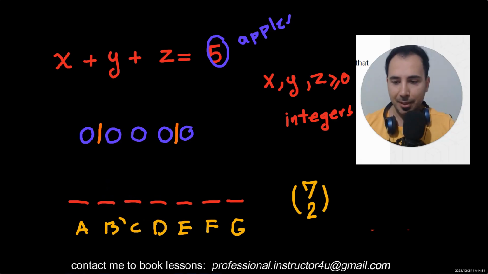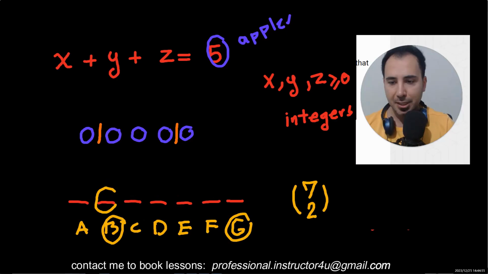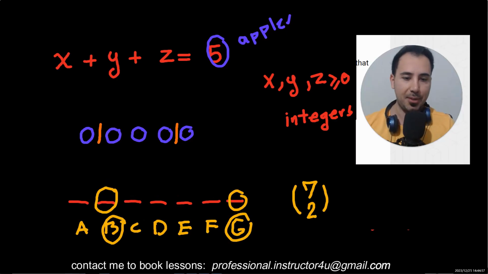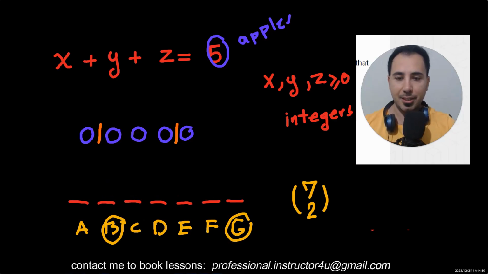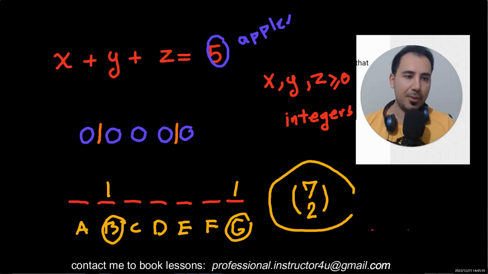So for example, I choose B and G. It means I chose this place and this place, so I put the bars here and then nothing. We have 5 apples, 5 places. So that's why the answer will be the combination of 7 and 2.